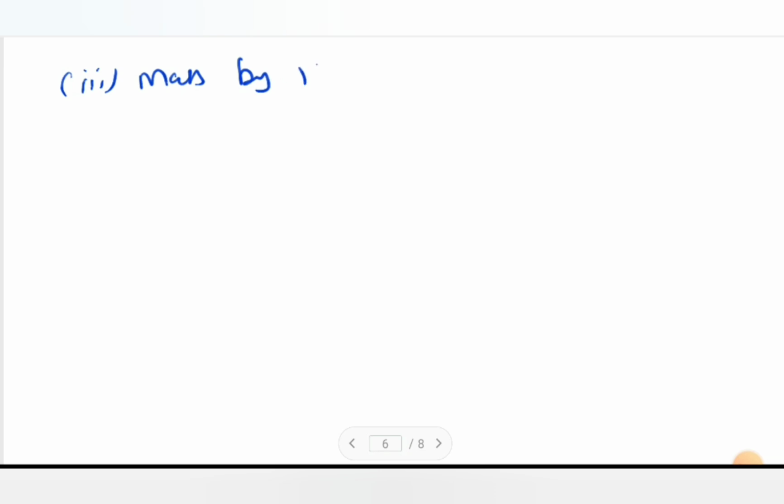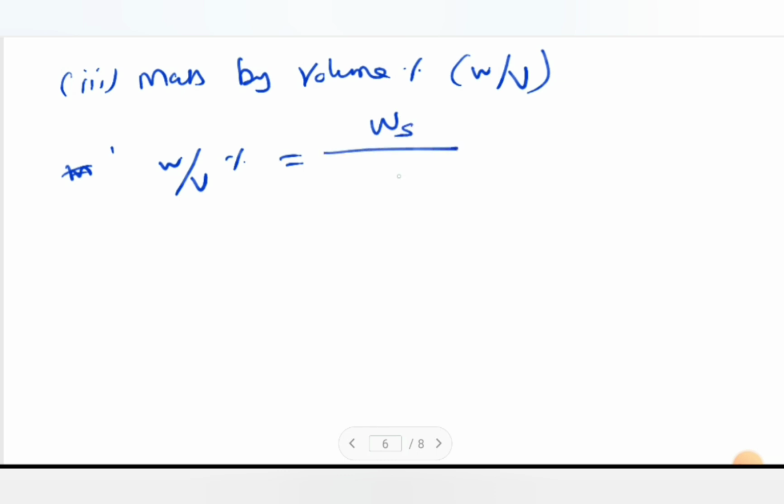Mass by volume percentage. This is the very common one we see in our day-to-day life. This can be simply denoted as W by V percentage, which is equal to mass of the solute divided by volume of the solution multiplied by 100.